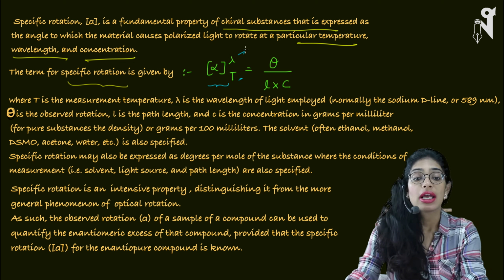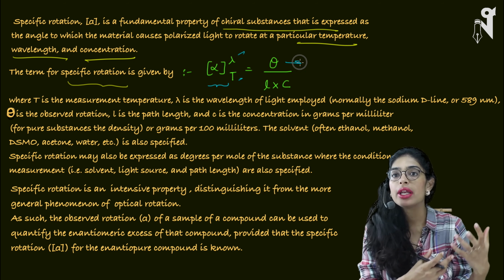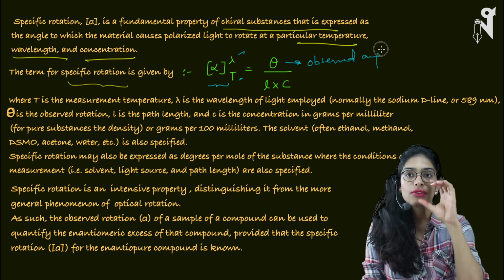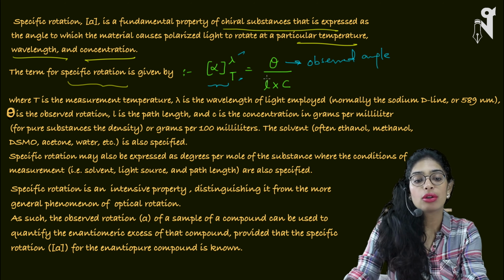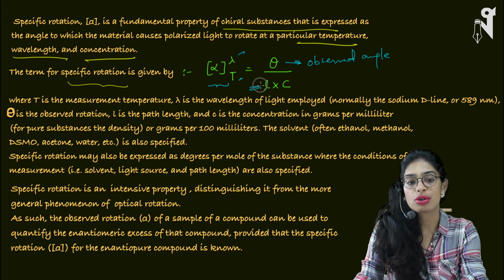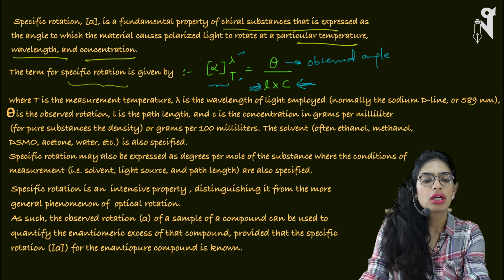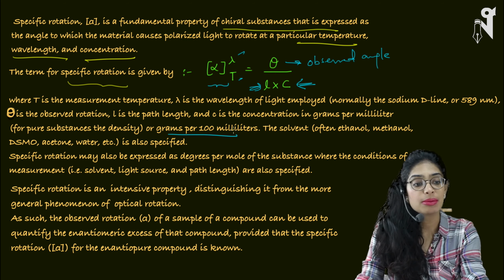It's not going to change. Now theta is the observed angle, which I said keeps varying when the concentration varies. This is the actual optical rotation angle which you see through your eyepiece, and it varies with the concentration. L is the length of your tube and C is the concentration of your compound. C is in grams per milliliter, and length is generally in decimeter.